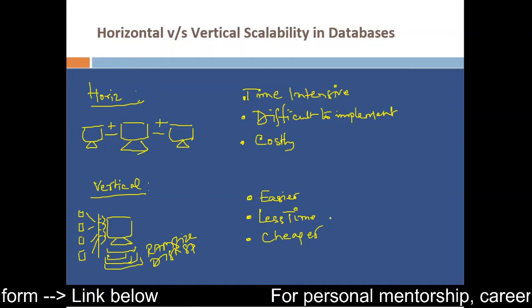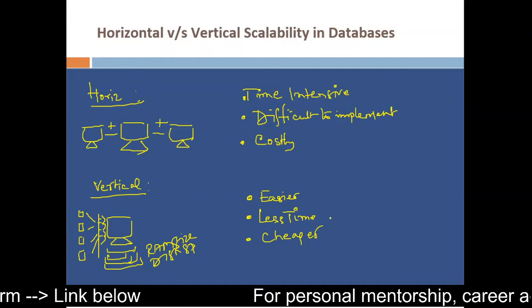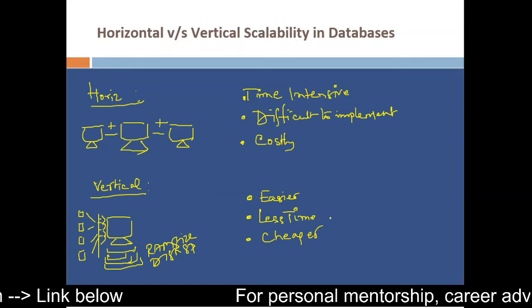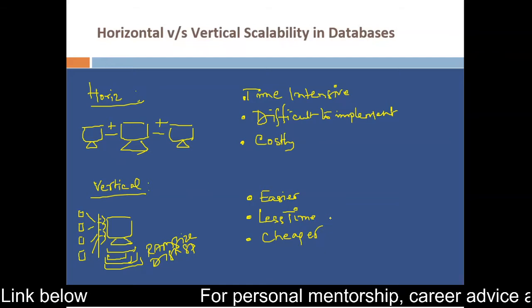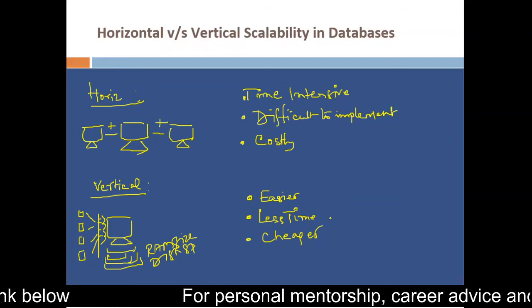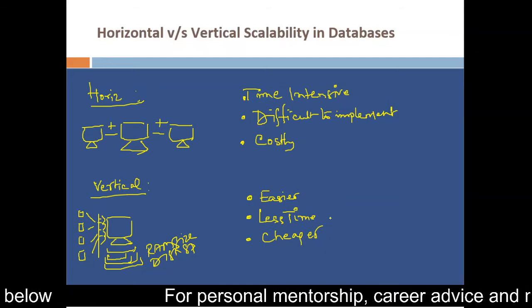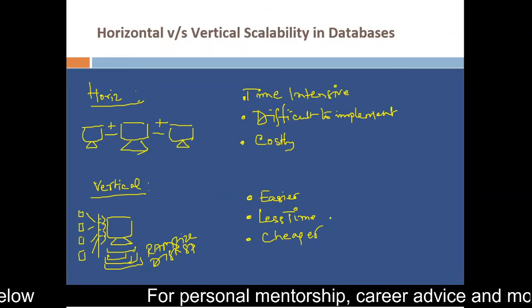And this is one important concept where, if you are getting introduced to big data, or if you're dealing with multiple database structures, this concept would come in really handy.